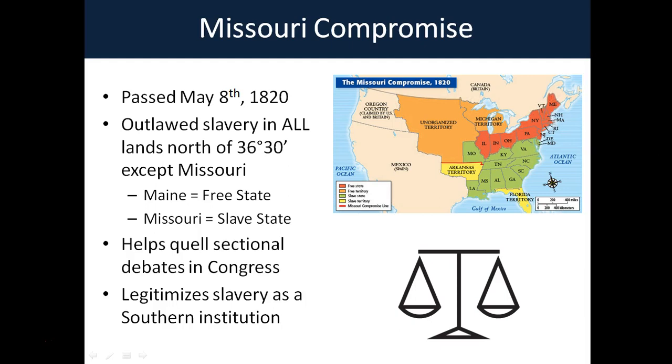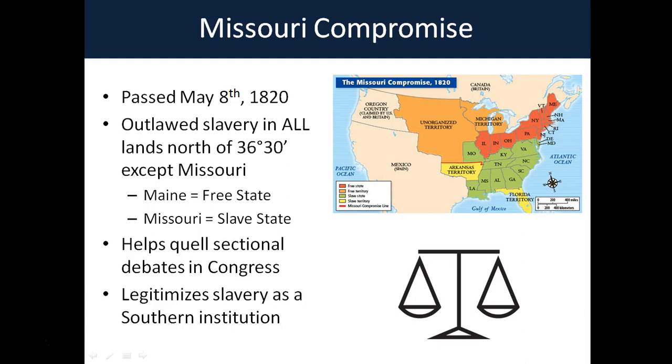And with this compromise in the years after, the idea was that if a state would enter into the Union, if it was north of that line, it would be free, and if it was south of the line, it had the option for slavery, with the added bonus, or at least the thought in the South, that if they were going to add a free state, they would also add a slave state at the same time.